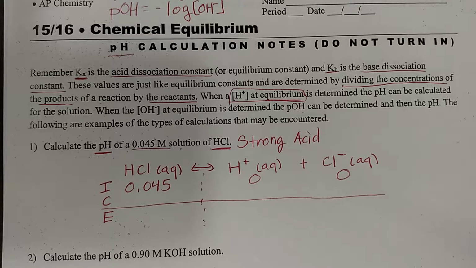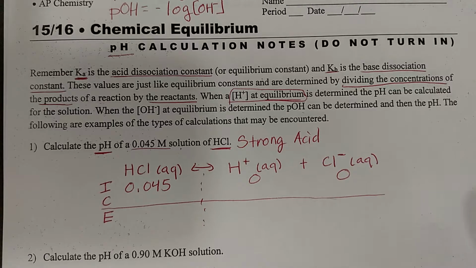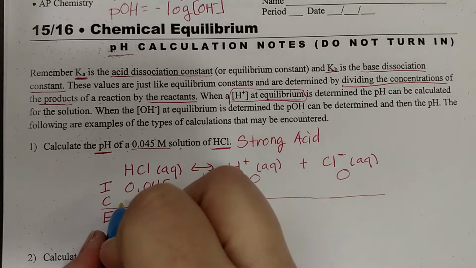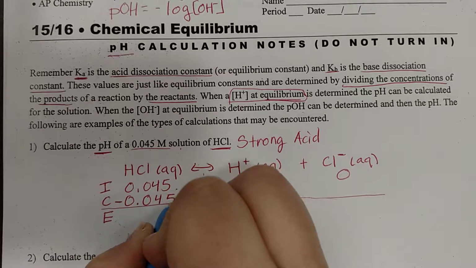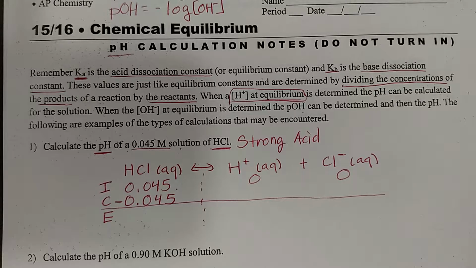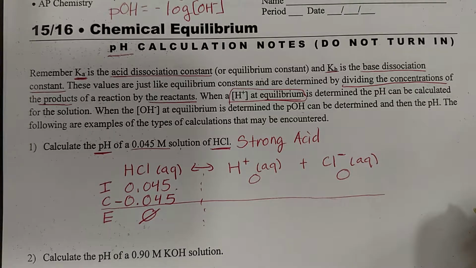Now, what's interesting about strong acids and strong bases is that we know that they break down into their ions, and what we can assume at the beginning is that all of this chemical is going to break down, the entire solution. There's very little that will stay together. So what we do is go ahead and subtract the entire amount from our reactant, and we end up with 0 on that side.